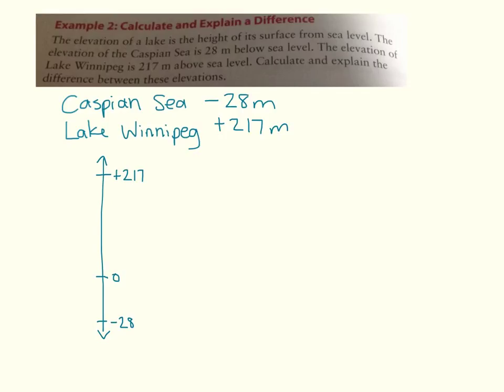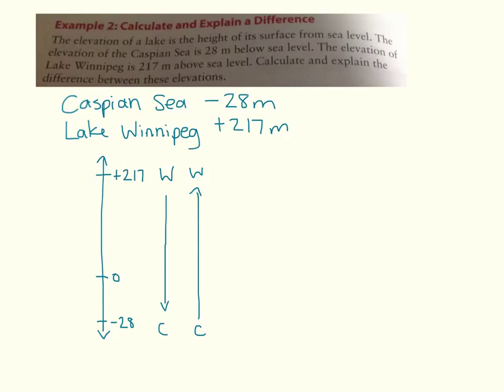Now we can look at this in 2 different ways. One is to start at Lake Winnipeg and look down towards the Caspian Sea. One is to start at the Caspian Sea and look up towards Winnipeg.